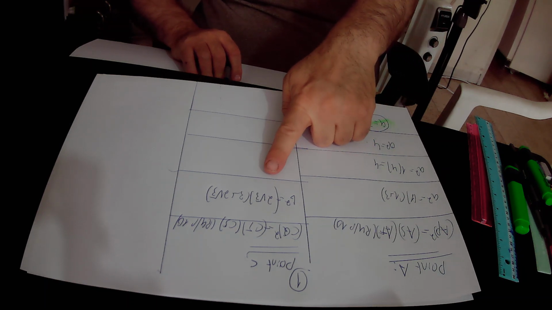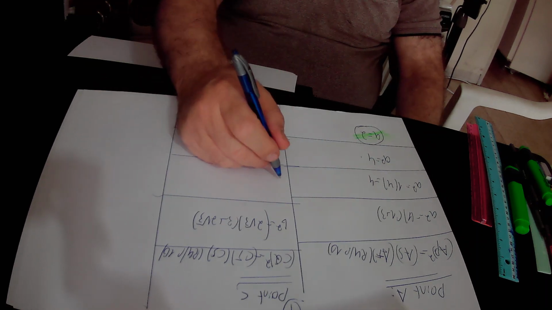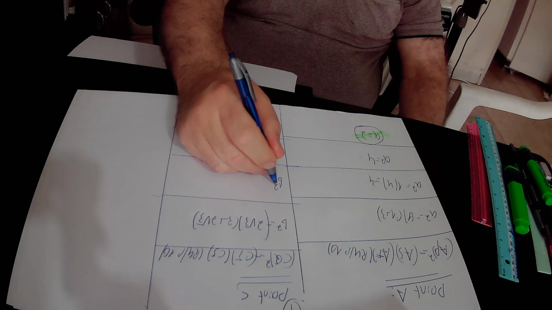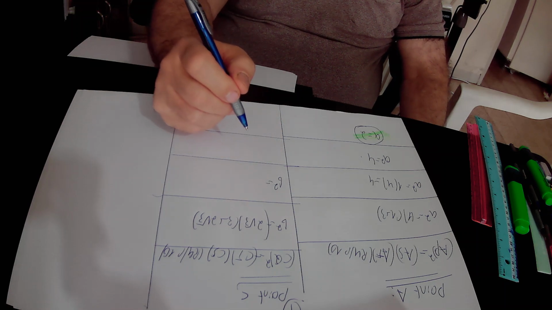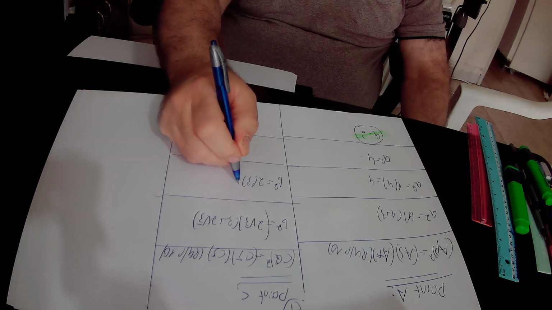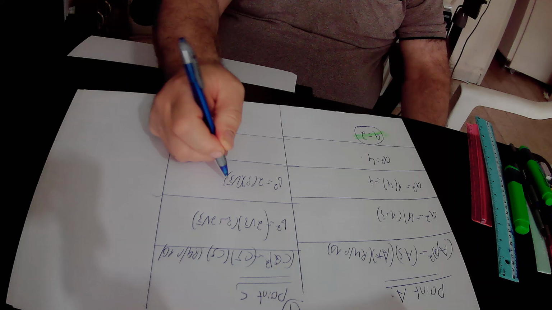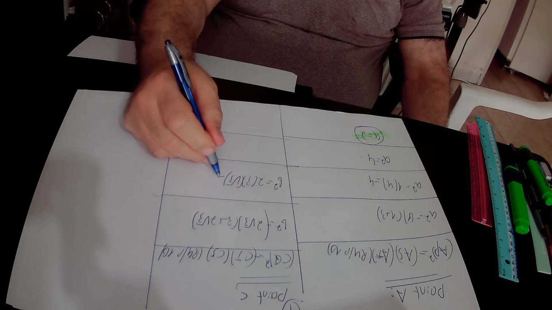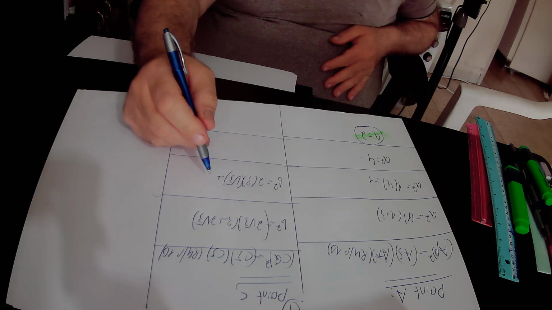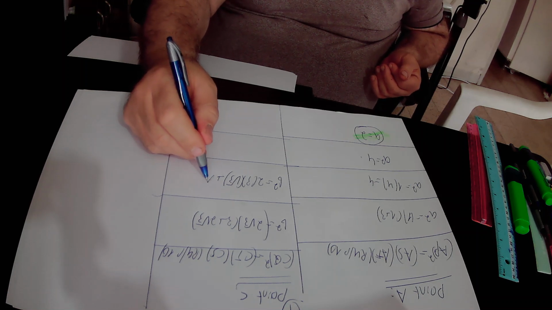Here we'll open the brackets on this side of the equation, and finally we get that B squared equals 2 times 3 times the square root of 3 plus 2 times the square root of 3 times 2 times the square root of 3, which equals 12.